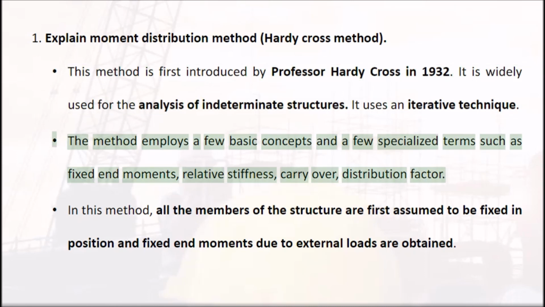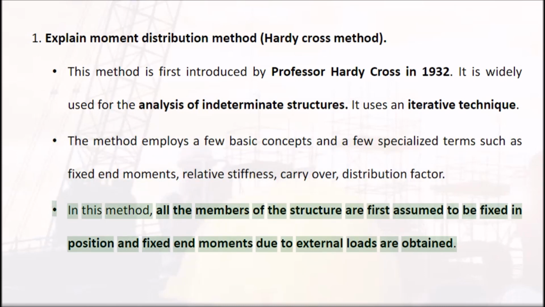The method employs a few basic concepts and a few specialized terms such as fixed end moments, relative stiffness, carryover, distribution factor. In this method, all the members of the structure are first assumed to be fixed in position and fixed end moments due to external loads are obtained.